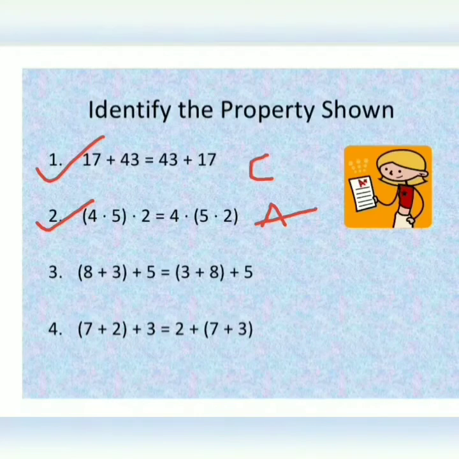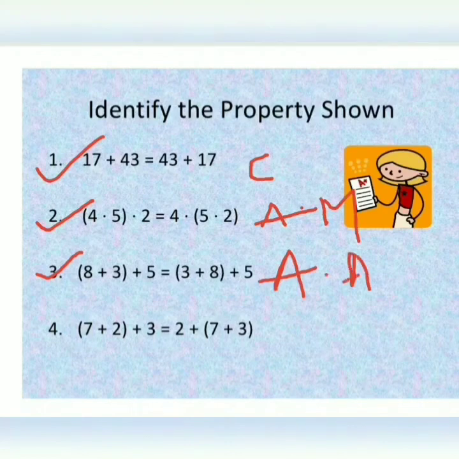Now see here, 8 plus 3 within the bracket plus 5 outside the bracket, and on the RHS side we have 3 plus 8 plus 5. This is also the associative property over addition, and the second one is the associative property over multiplication.